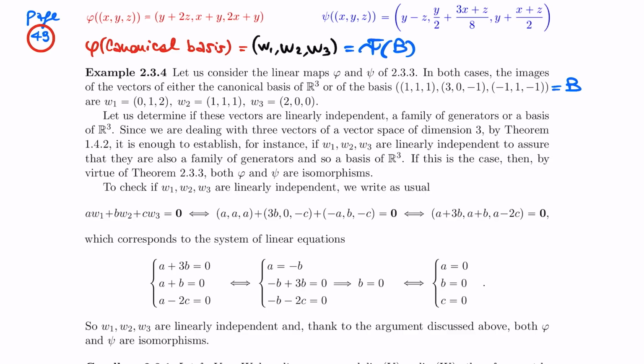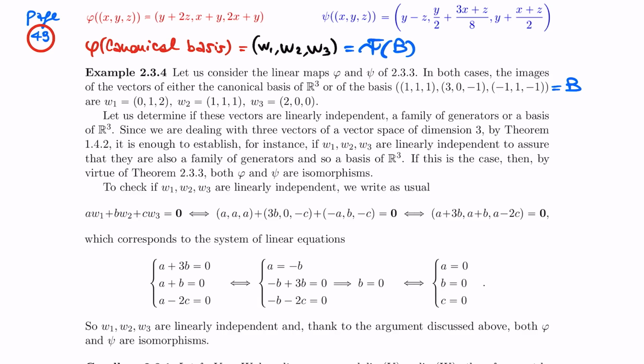Similarly, psi was defined by associating to the vectors of the basis that is recalled here the same vectors W1, W2, W3 that were used in order to define the endomorphism phi.